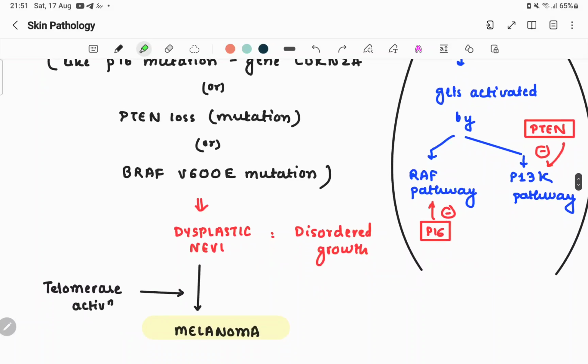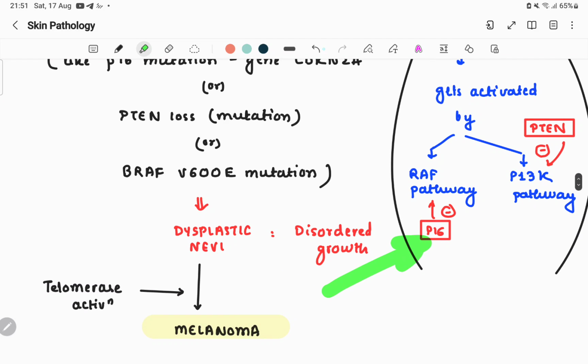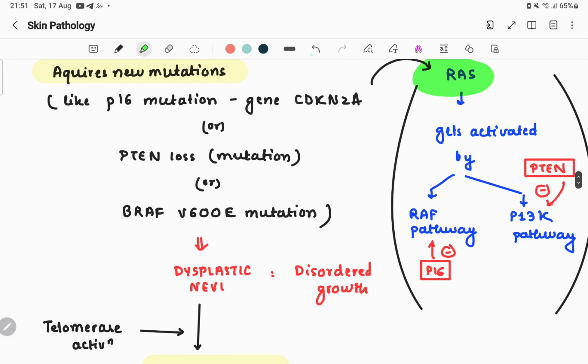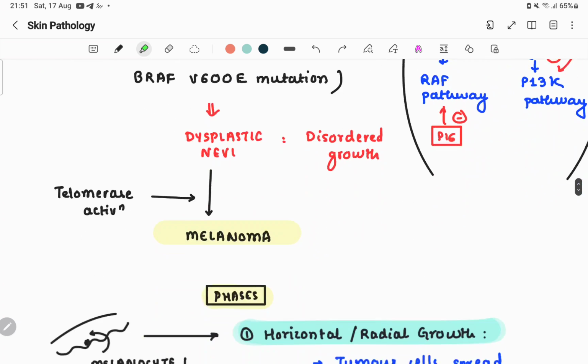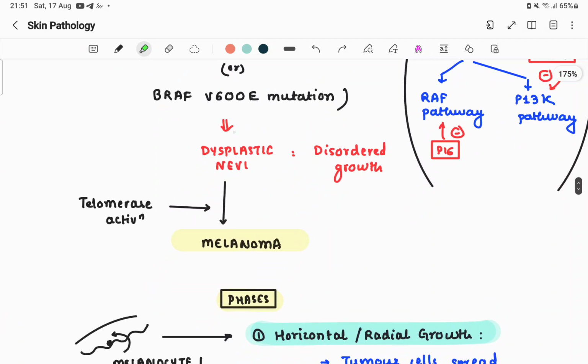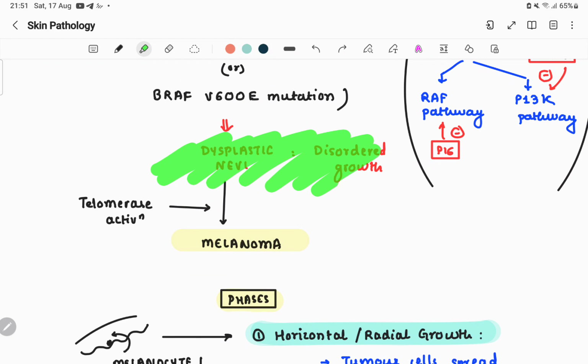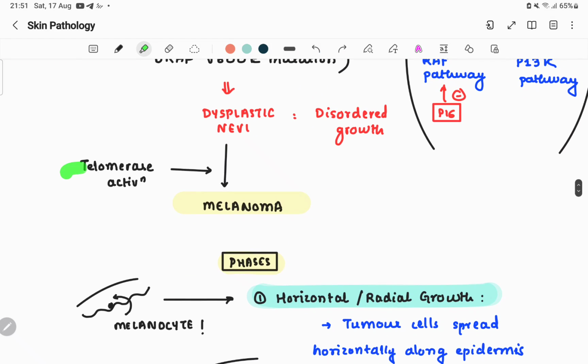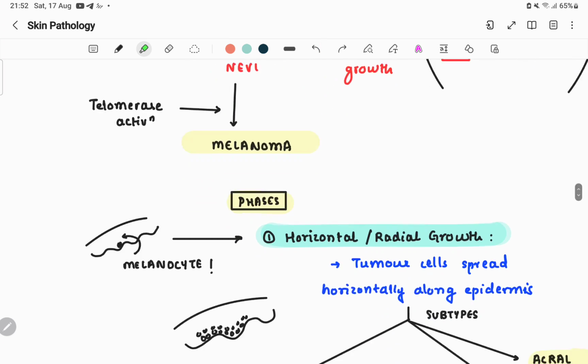But now what happens is a P16 mutation, so RAS will be more active, and this RAS induced senescence will be defective, right? So there is formation of dysplastic nevi, there is disordered growth, and due to telomerase activation and other factors causing telomerase activation, it progresses to melanoma.